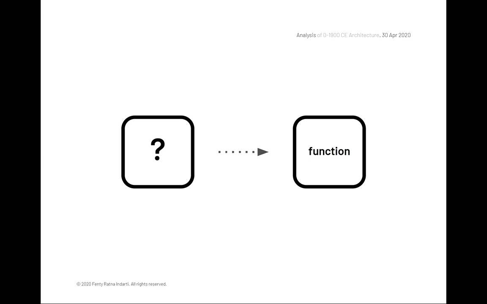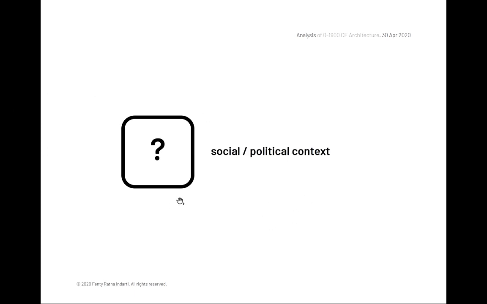And what actually makes this function? What is the background of why this function exists? The why is actually about social or political context. If you try to remember, whether in China, America and Europe, or India, the building, for example the worship place, exists because of the social or political context about Christianity, Islam, Hindu, Buddha.